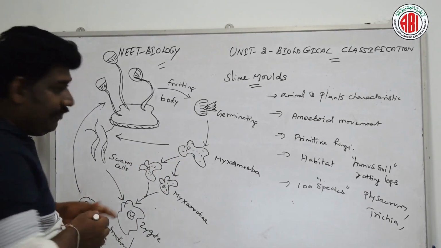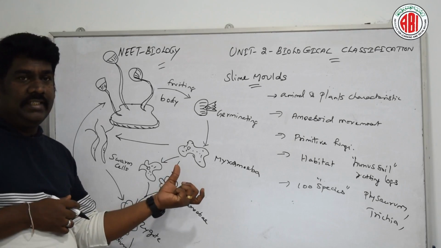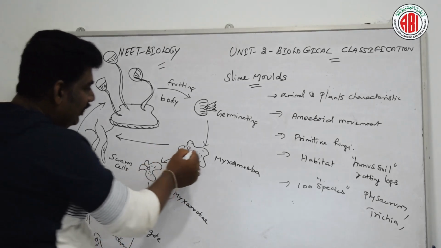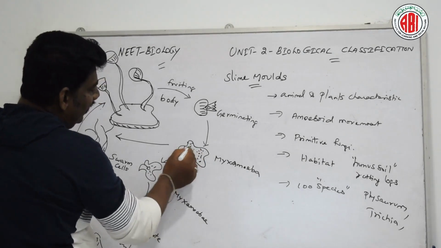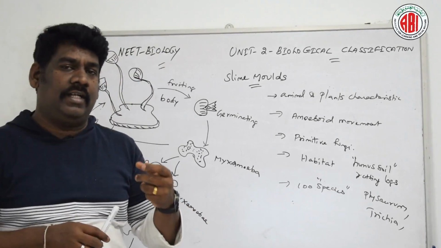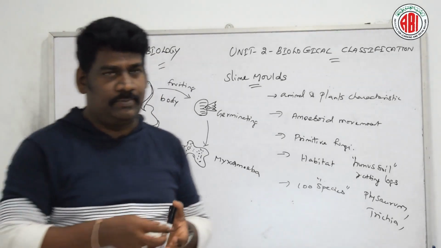That is called the plasmodium, the multinucleated stage of the mass of protoplasm. The organism which possesses the multinucleated stage is called plasmodium.